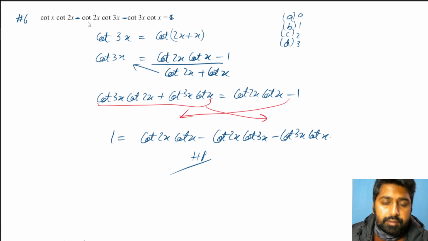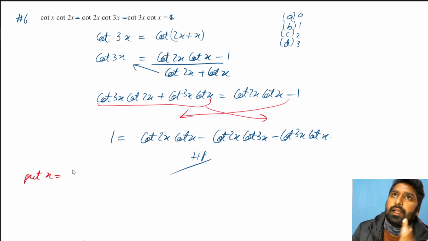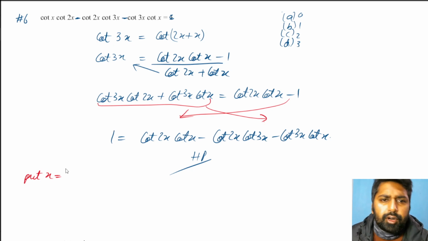If a question is given in terms of x or any variable and the value is a constant, meaning it's not depending on x, that means it's an identity, that means it is true for any value of x. If it is true for any value of x, what you can do is, don't solve it. Put any value of x, let's say 30 degree, 45 degree, anything you can put. Just make sure that the expression is not invalid.